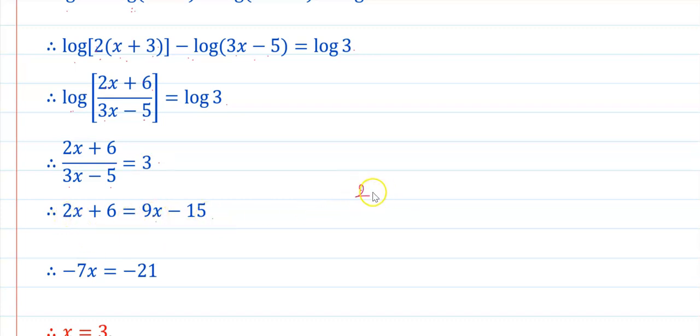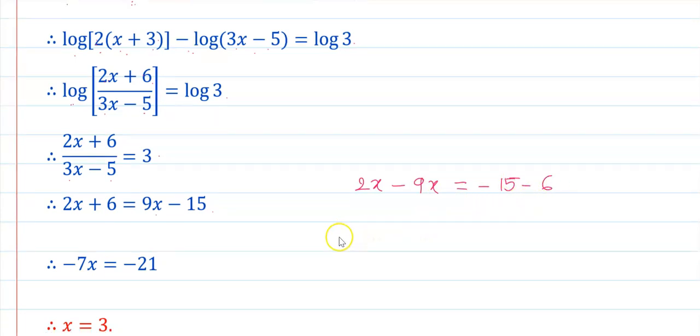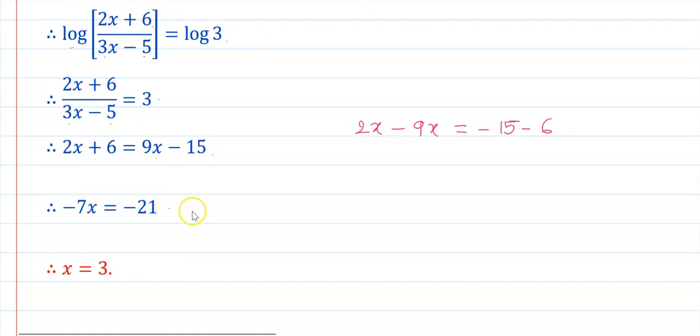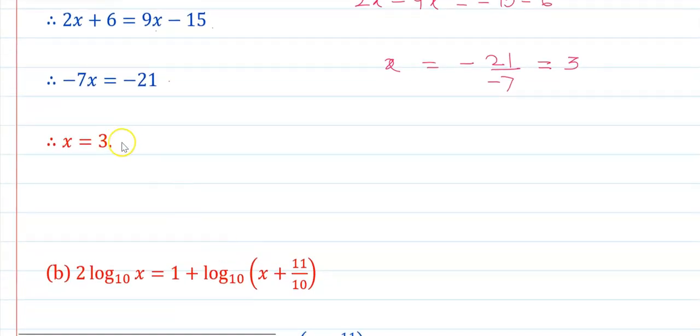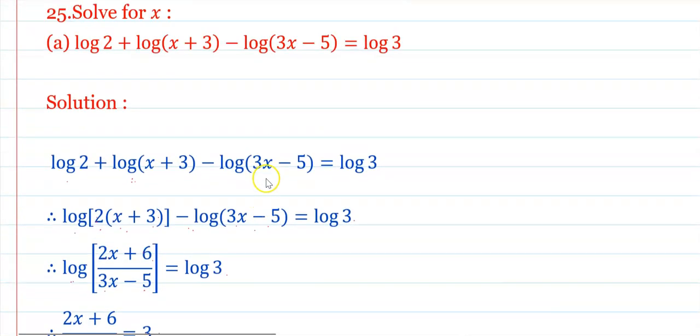Here you will get 2x minus 9x is equals to minus 15 minus 6, that is minus 21. And hence x is equals to minus 21 upon minus 7, that is equals to 3. This is the answer, x is equals to 3.